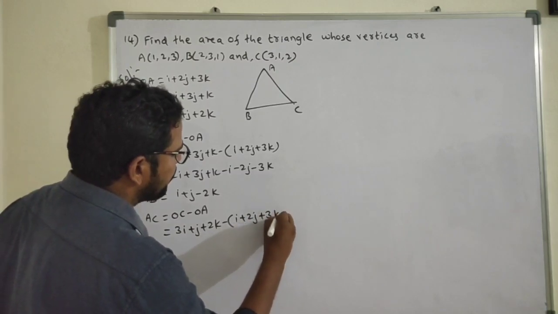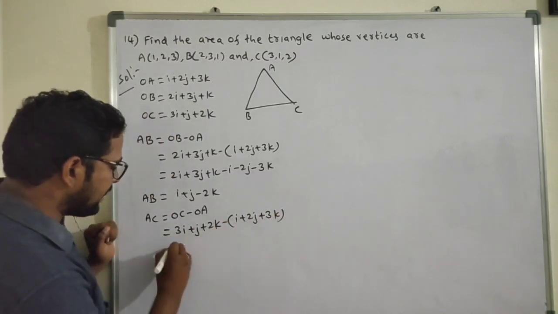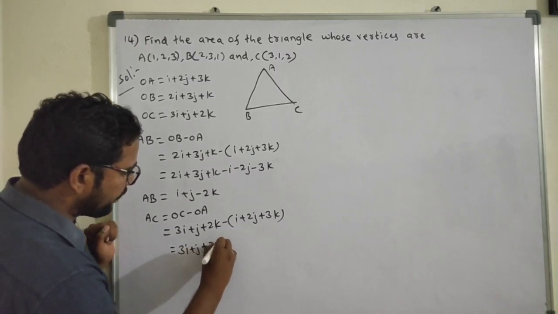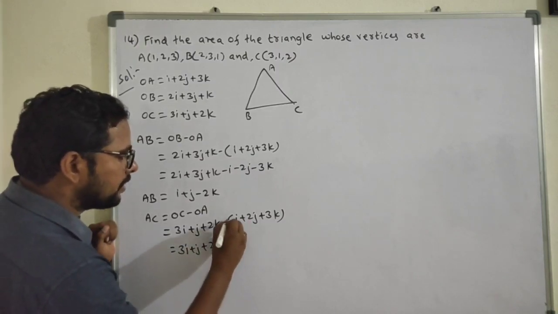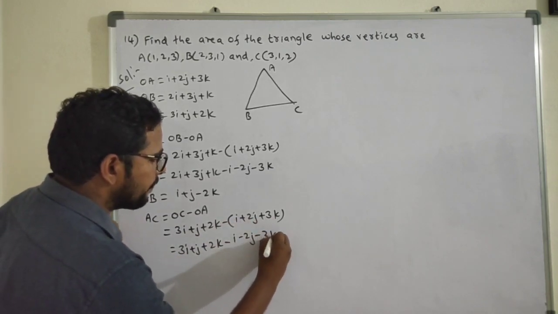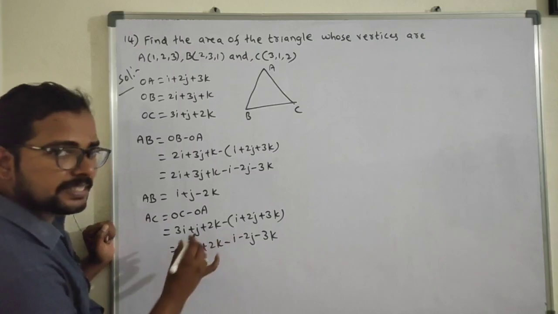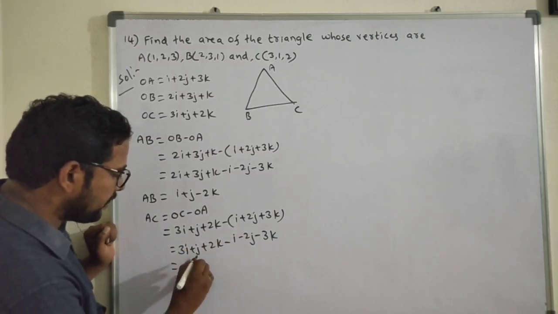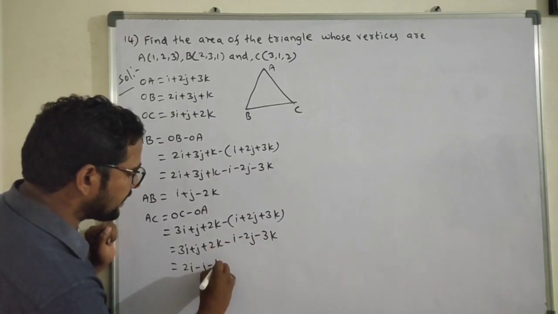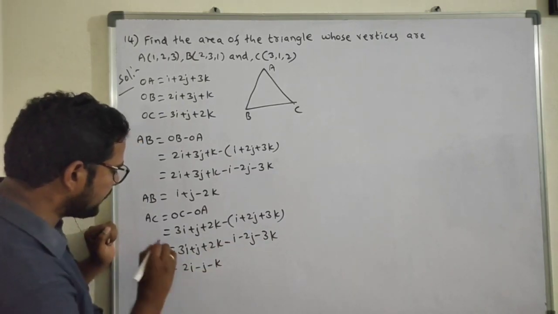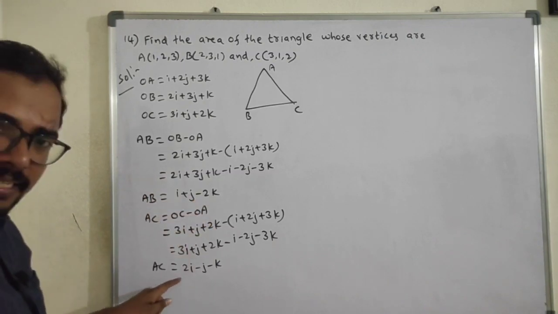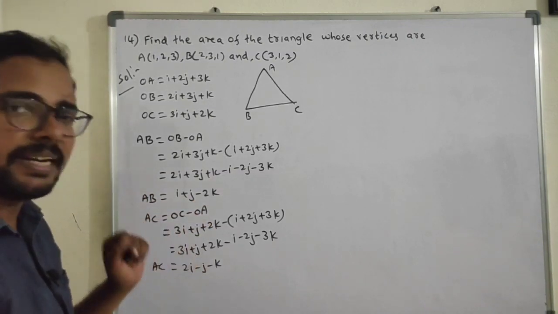Multiply with minus: 3i minus i is 2i, j minus 2j is minus j, 2k minus 3k is minus k. This is AC. AB is equal to i plus j minus 2k. AC is equal to 2i minus j minus k.